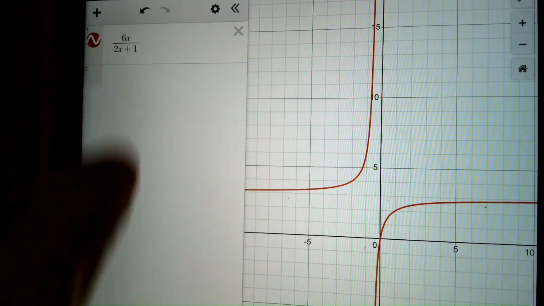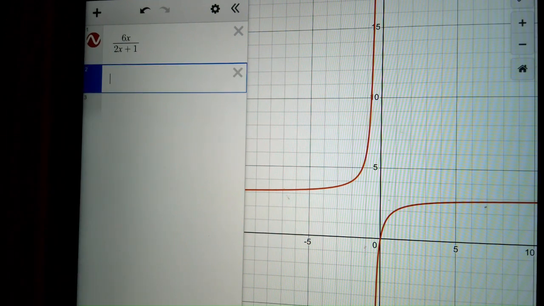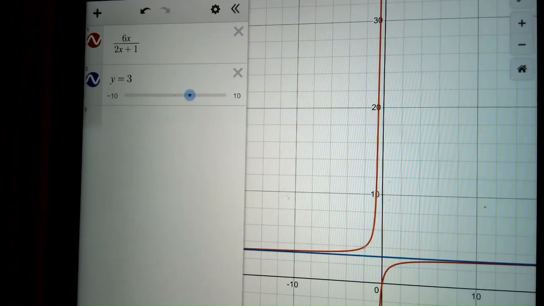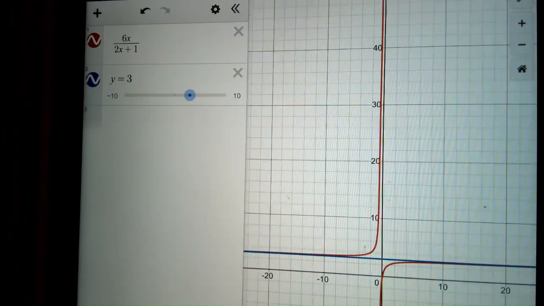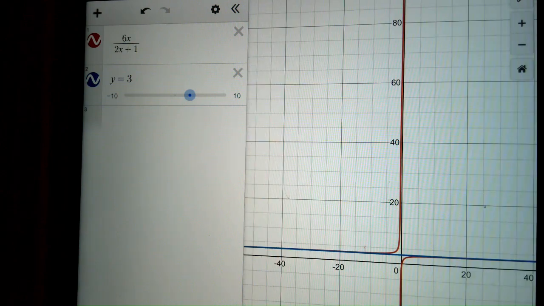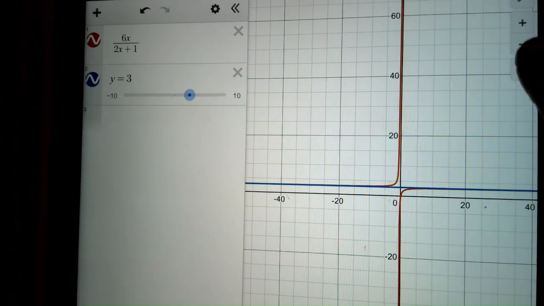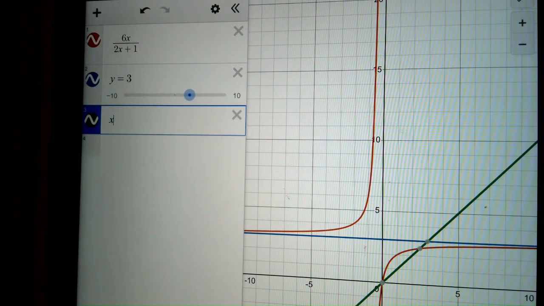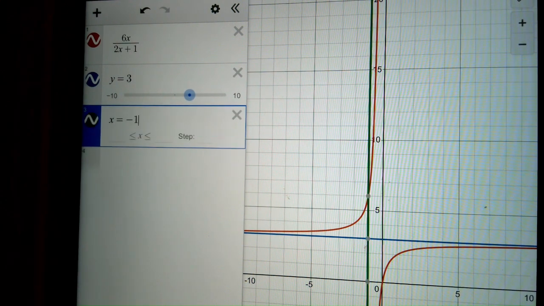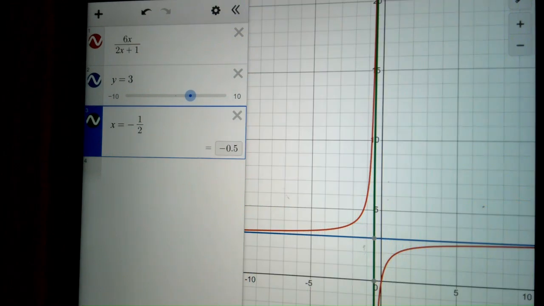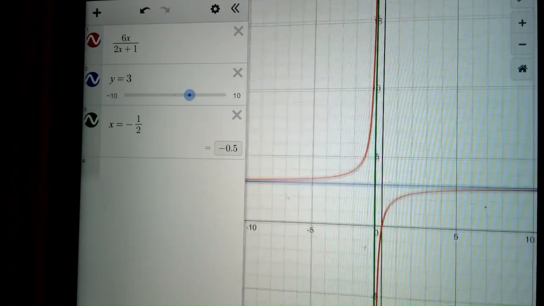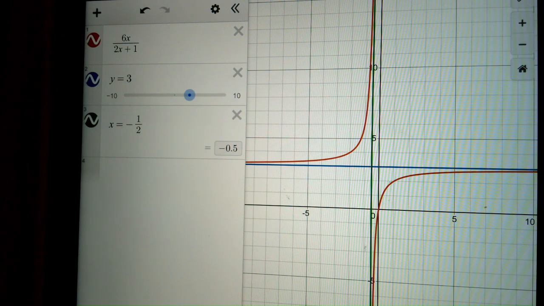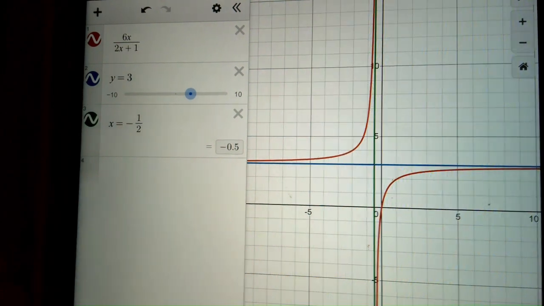Now we said that y equals 3 was our horizontal asymptote, and we can definitely see that it is flatlining around that y equals 3, no matter how far I zoom out, right? Bring it back in. And we had that vertical at x equals -1/2. And we can definitely see that, and we can see our crossing at 0, 0. So all those key features did come out.